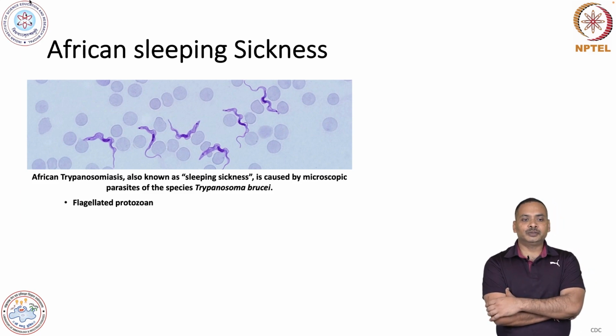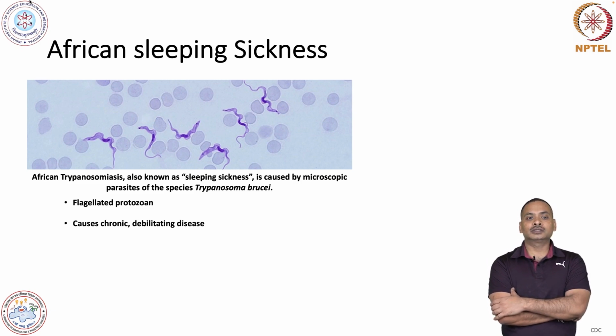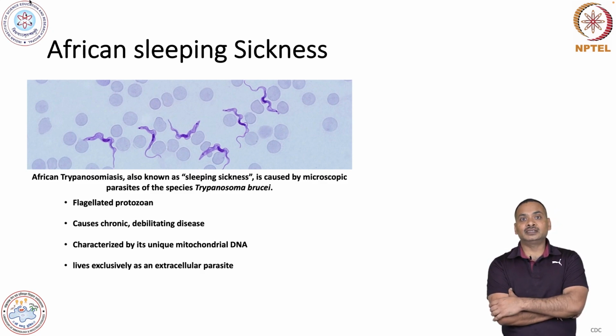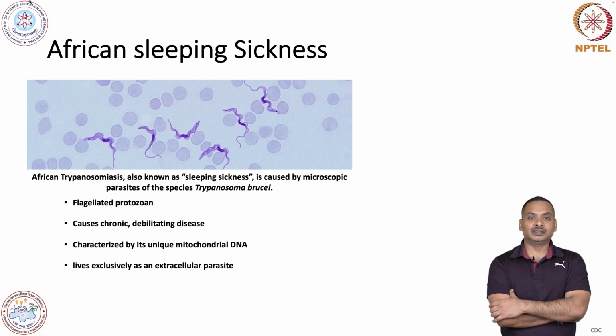It's a flagellated protozoan that causes a chronic debilitating disease. Debilitating means a disease which makes you extremely weak. It is characterized by unique mitochondrial DNA, and it lives exclusively as an extracellular parasite.